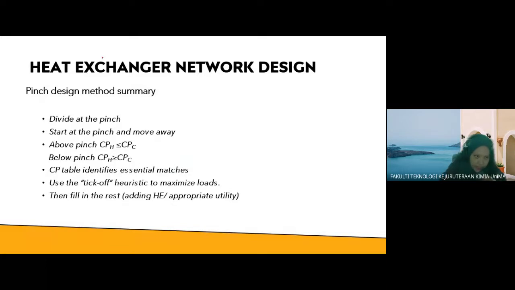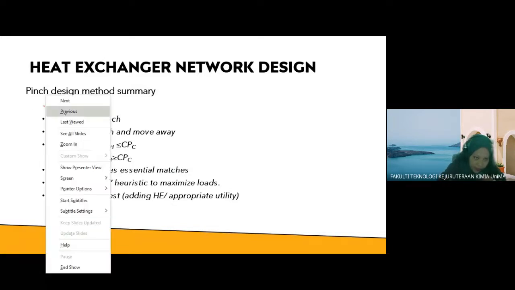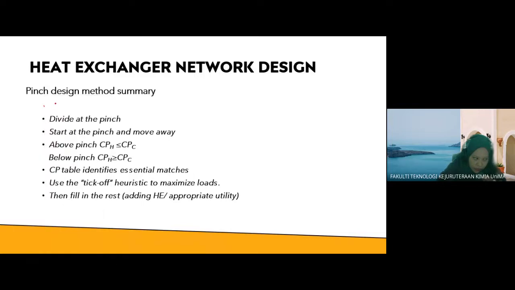First, divide at the pinch. First, obviously you need to draw the streams. Begin with hot and then followed by cold stream.